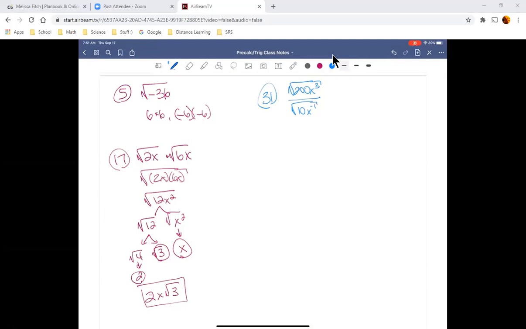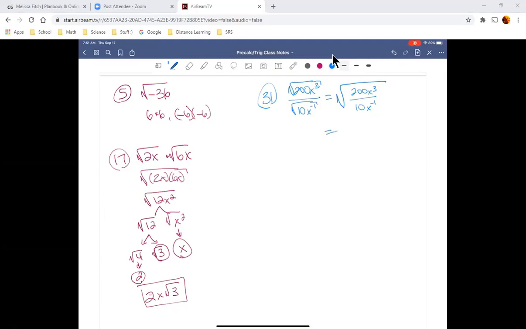So I know I can't do anything with the denominator, like simplifying it the way that it is. So I'm just going to take the whole thing and write it all under one radical, right? And then I'm going to try and simplify it. I'm going to go numbers by numbers and variables by variables.